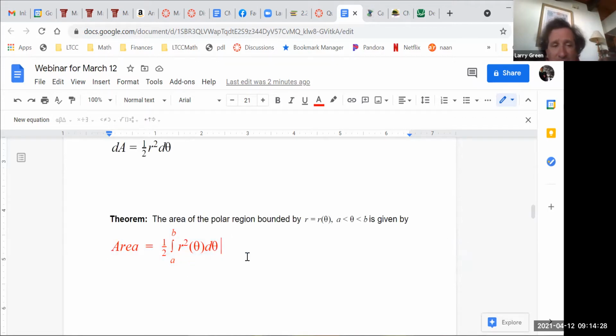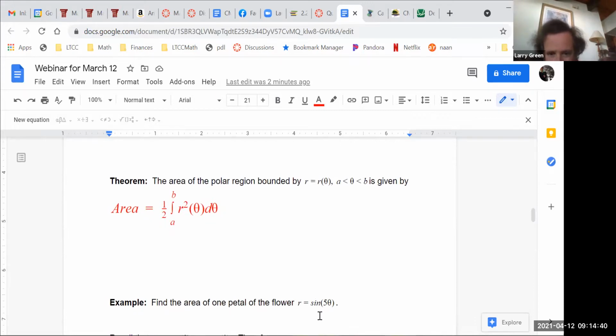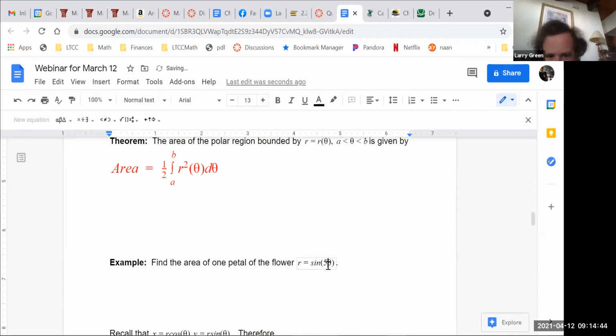Any questions at all on the theorem? Any questions? Okay, so the idea is we should know how to use it. So here's an example. Okay, I think maybe I'll do the one we did. Make it a 6.